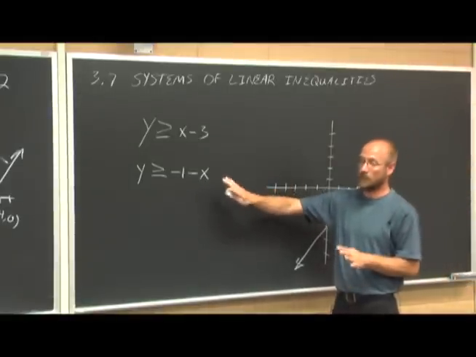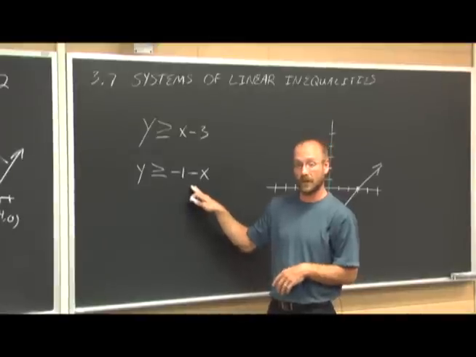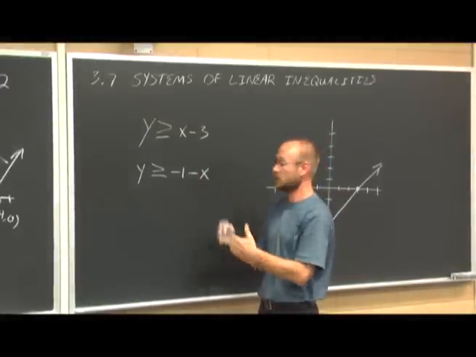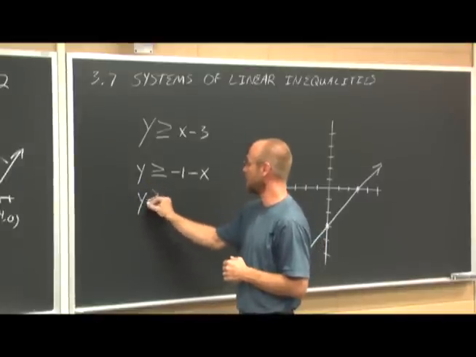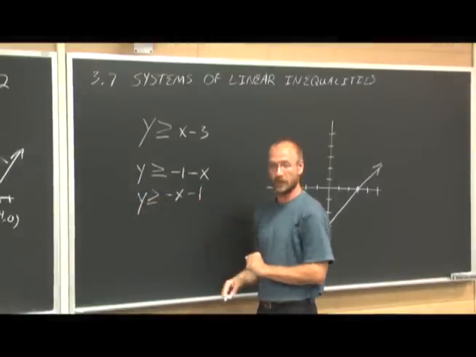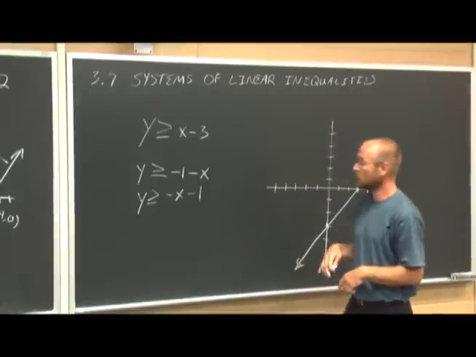Now we look at this one. I think our instructors are trying to trick us because it almost looks like it's in slope-intercept. The order has just changed. So maybe you want to switch it around just so that you can look at it and say, you know what? I know that the intercept is -1 and the slope is -1. Or maybe you're comfortable with that. Either one works.